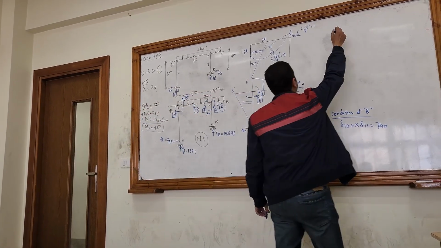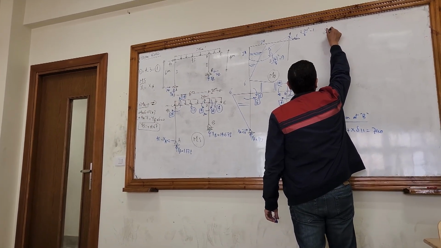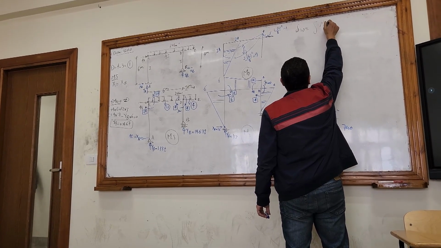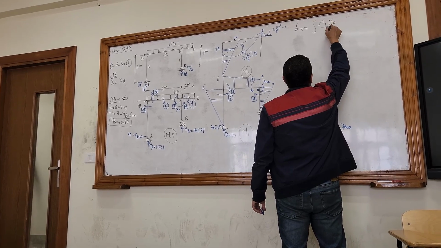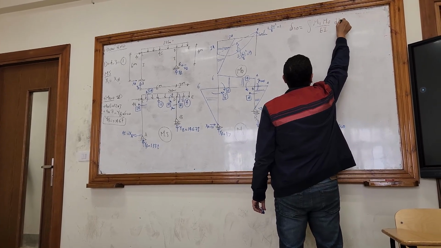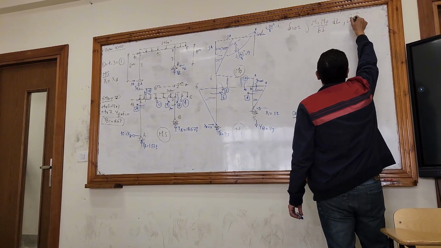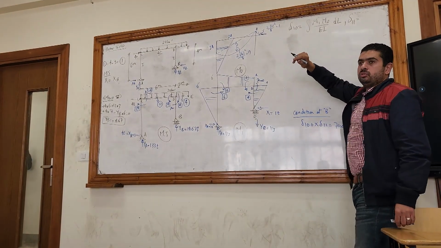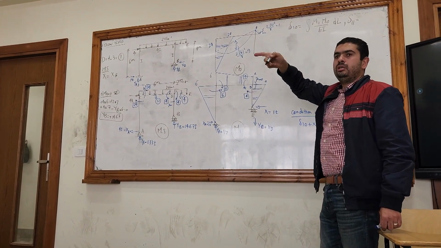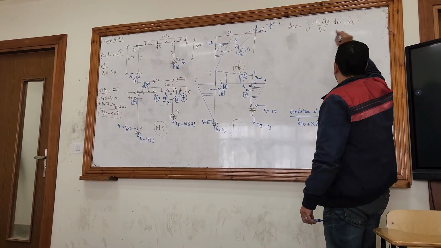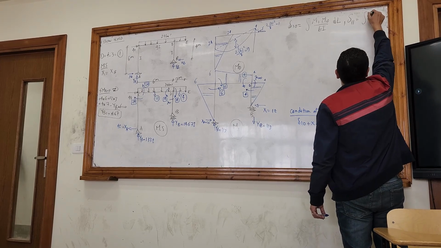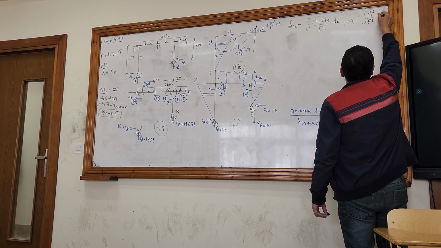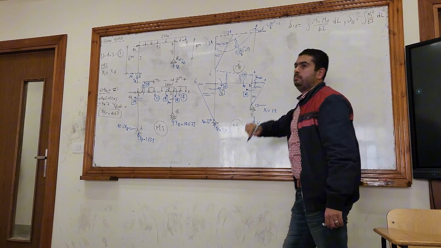So delta 1 node will be the integration of M1 M node divided by EI dL, and delta 1 will be the integration of M1 with itself, M1 squared over EI dL.